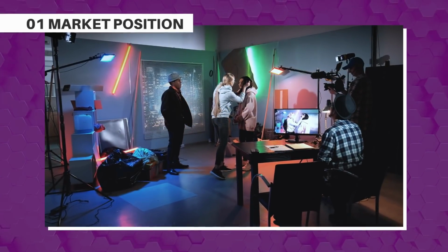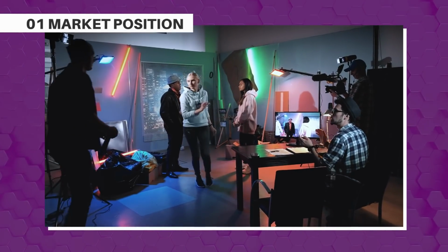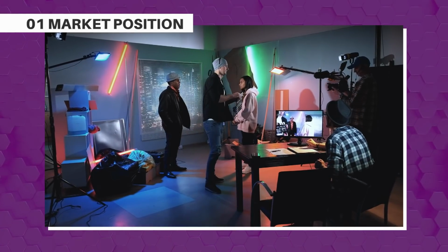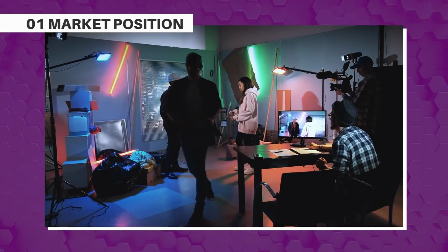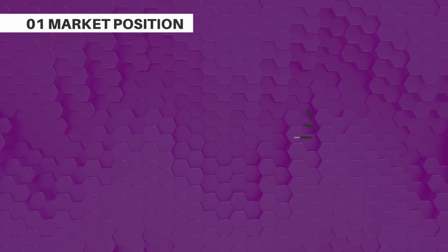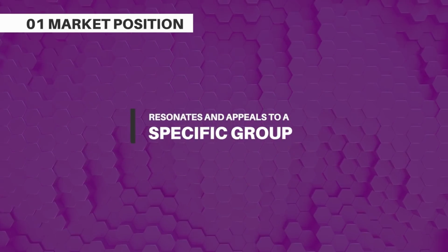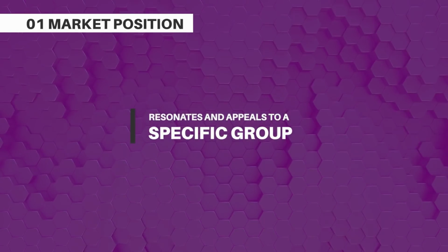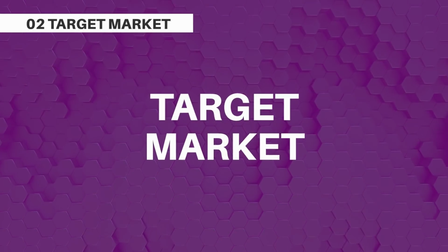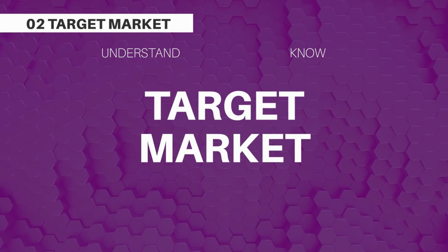This is because the makers of the TV show know exactly who is going to be watching their content, and so they make every decision based on whether or not it will fit in with their audience. In a similar way, your designs need to look and feel in a way that resonates and appeals to a very specific group of people, i.e. the target market of your design. So you for sure need to understand and know the target market.